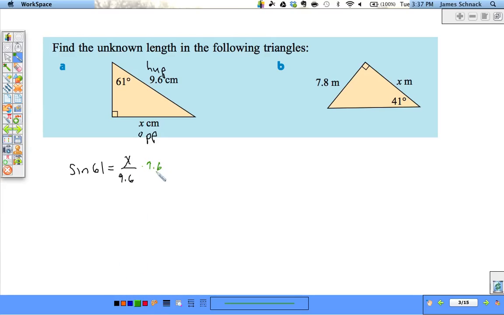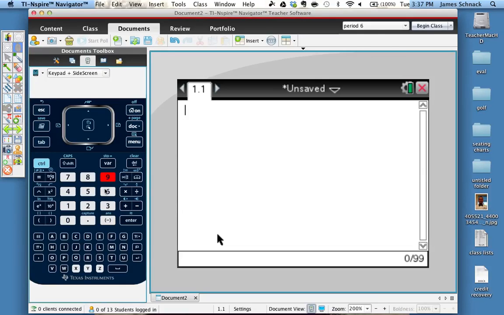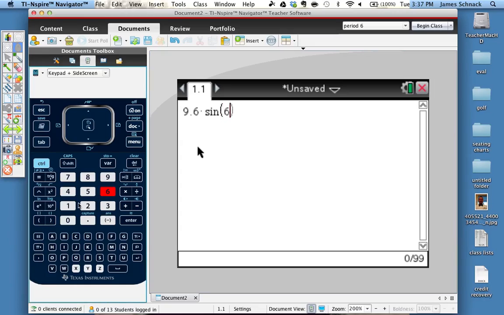Multiply by 9.6. X is equal to 9.6 sine 61 exactly, but approximately, let's jump to our calculator. 9.6 sine is under this trig button, and it was 61 degrees.